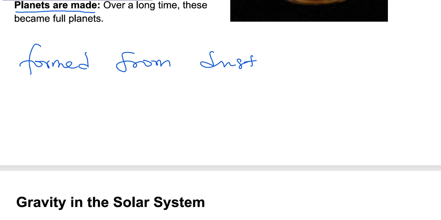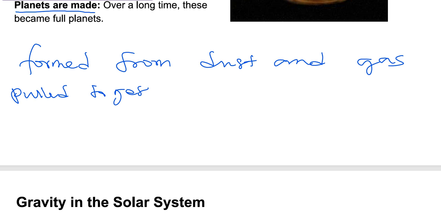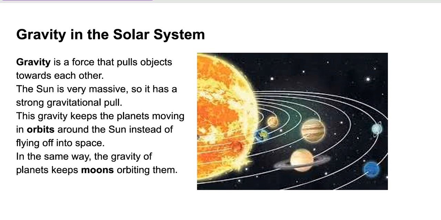So if you ask how is a planet formed, you say it's formed from dust and gas pulled together by gravity. That's it.